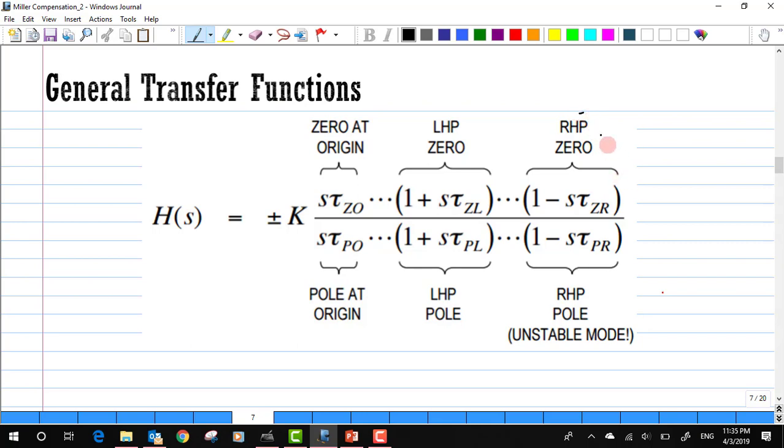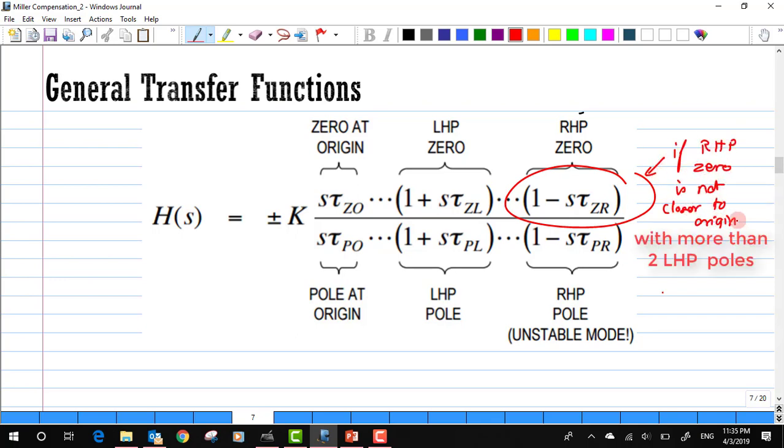Okay, so whenever I have these zeros, there is no problem, unless the right half of the s plane 0 is closer to the origin. Okay, so generally this is not a critical problem, but still it might take our system to unstable, but still we allow having a 0 on the right half of the s plane, provided they are not closer to the origin.